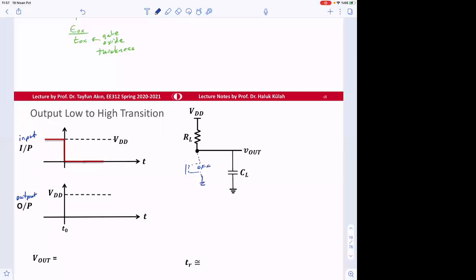Okay, when t is equal to 0 plus. What is this voltage value? VCL at 0 plus.